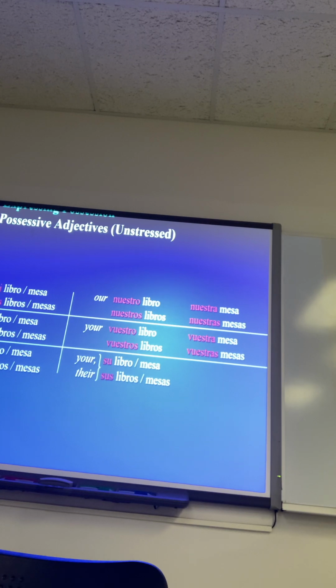All you have to remember is that it's determined by the object that is possessed, not by the owner. Mi bolígrafo, my pen. Mis bolígrafos, my pens.